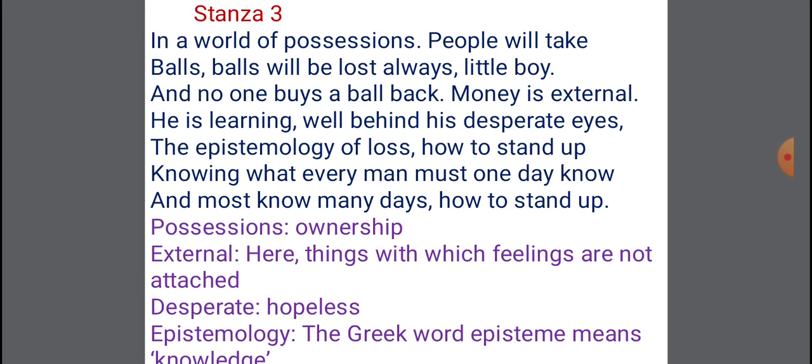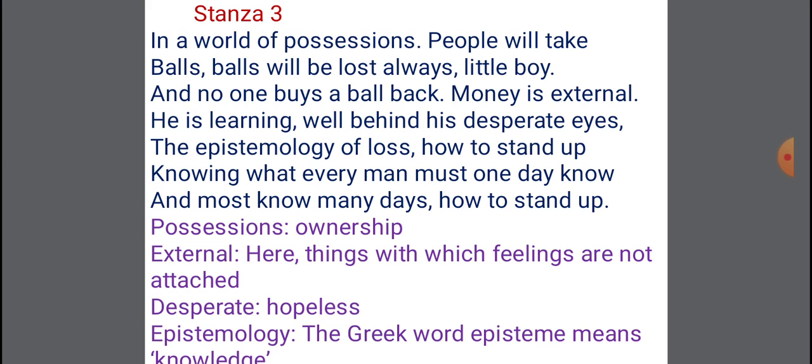Possessions means ownership. External means here things with which feelings are not attached. Desperate means hopeless. Epistemology: the Greek word episteme means knowledge.